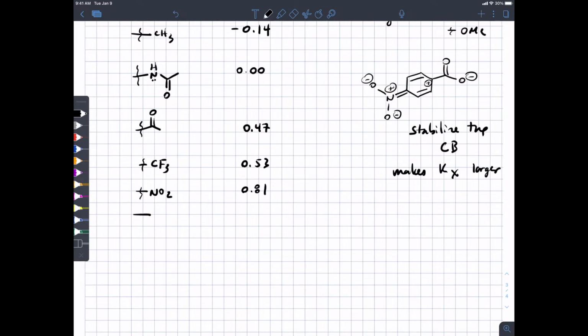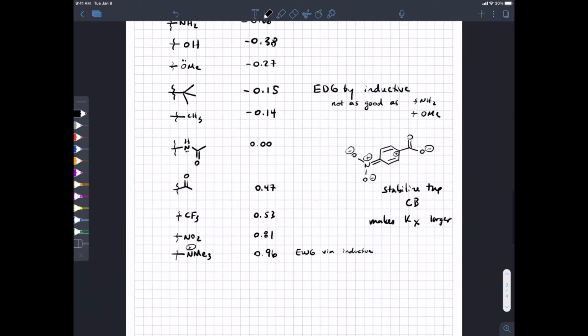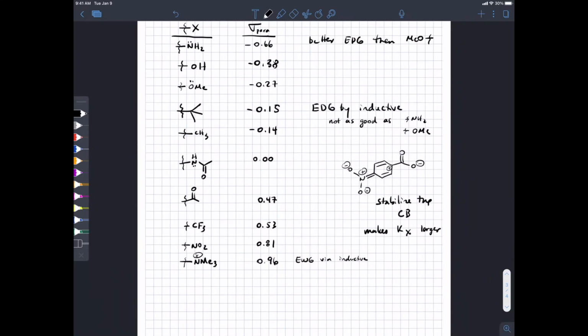And actually, if you have a quaternary ammonium where you can't donate via resonance and therefore all you see is the electron withdrawing effect via induction, you get quite a large sigma value. Okay? So that follows along with what we expect for electron donating versus withdrawing groups.